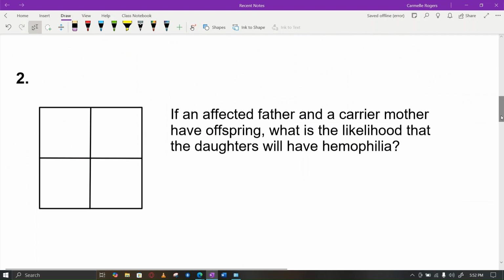For this one, you'll have to actually set it up. If an affected father, so that means the father has hemophilia, and we learned about that in the previous cross, so we have X with the lowercase h, and then you have your Y. A point I want to get across is that with the X and Y, X is a lot bigger than the Y chromosome.